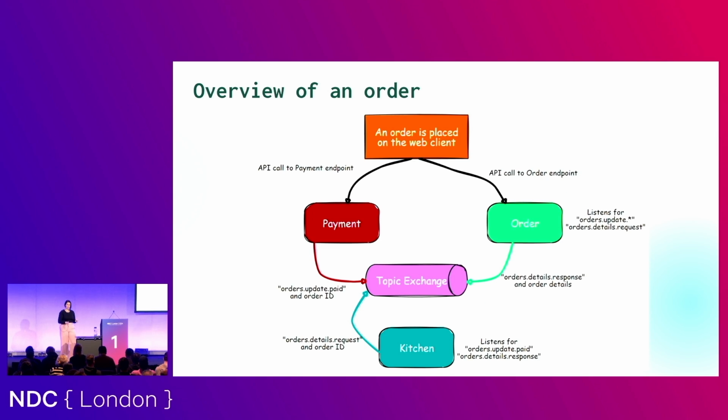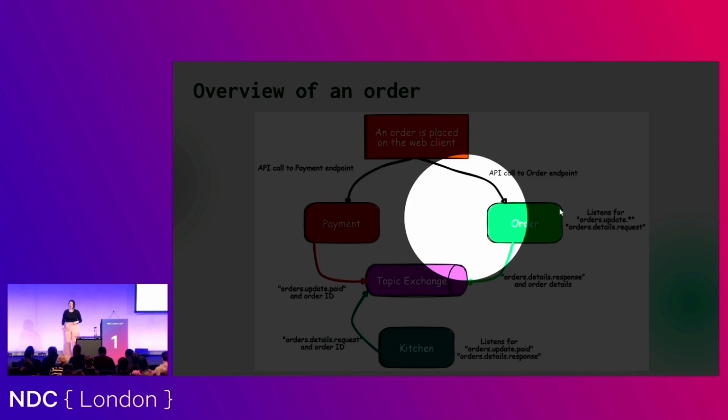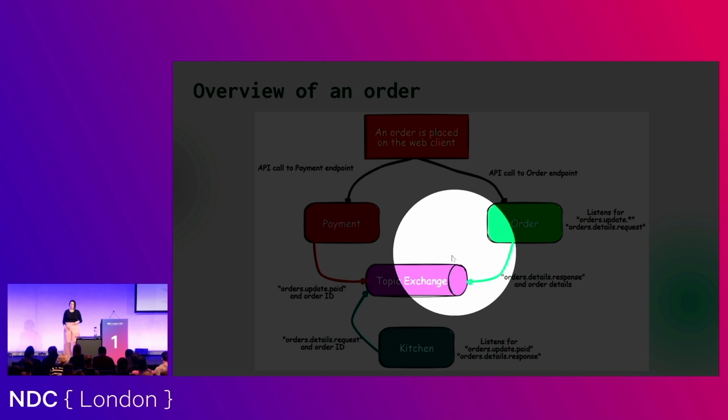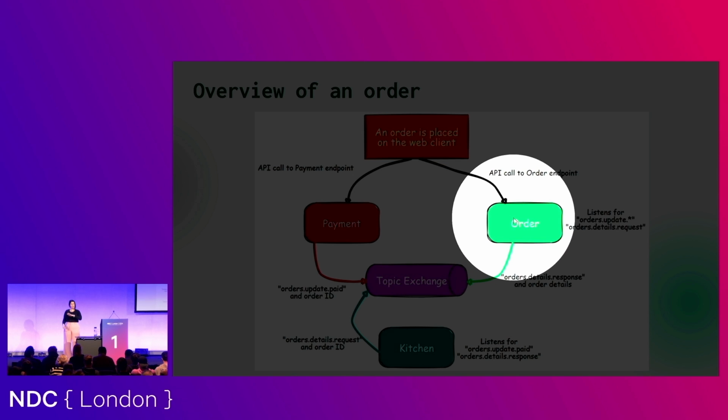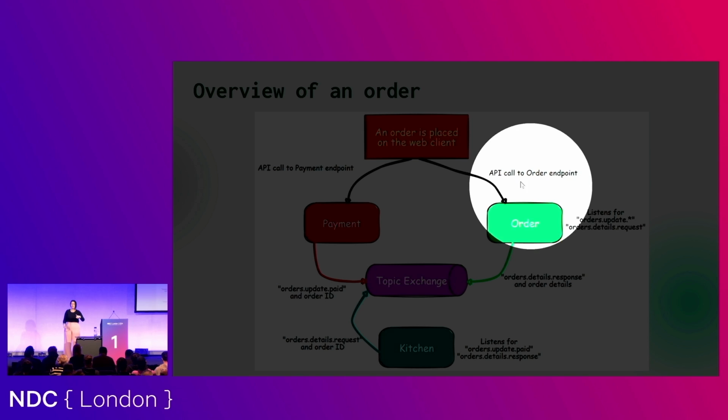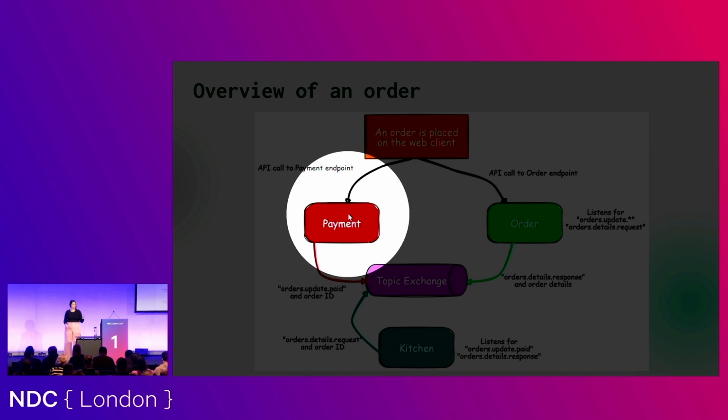So if we look into our Taki-Taco system, and this is just one way of doing it, and a little bit contrived because you might not need to do this, but just as an example, we create an order, so we've now got an order ID, and then we say, I'd like a payment.